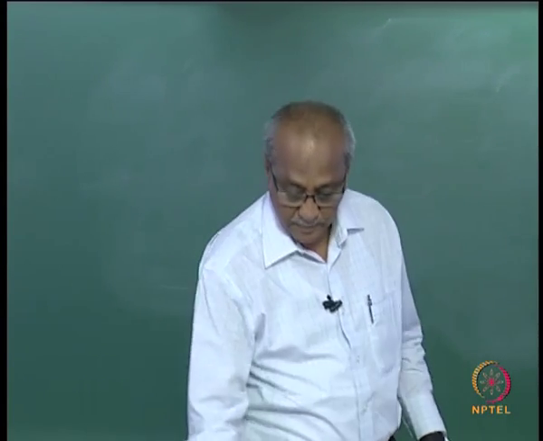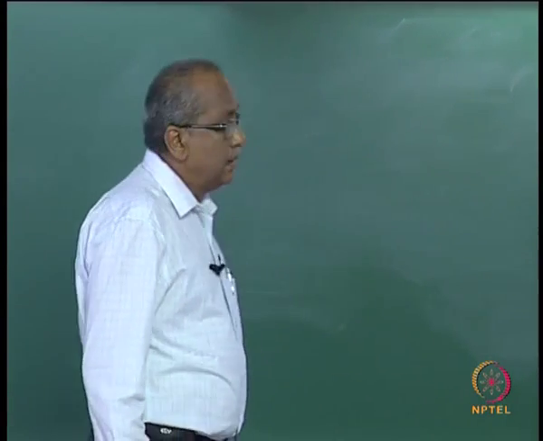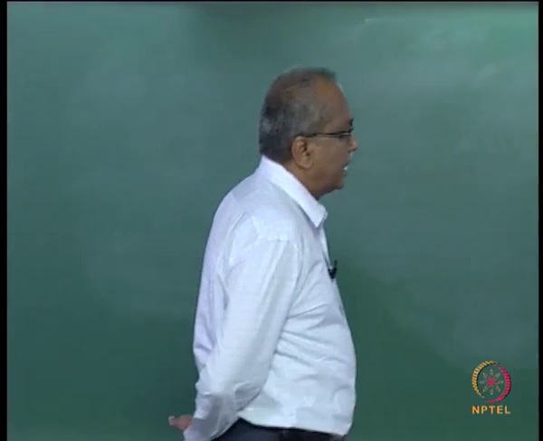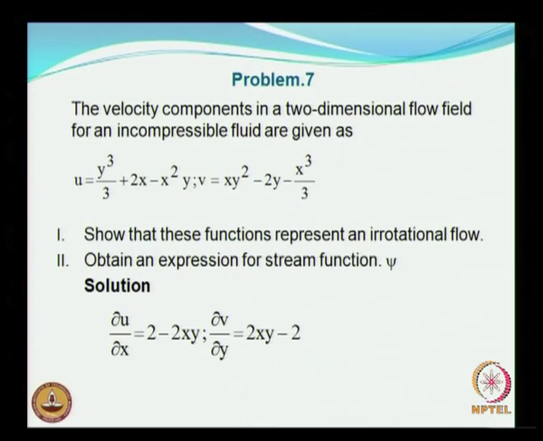Okay. So in the same way here there are two components which are given to you, u and v. Show that these functions represent irrotational flow, and you are supposed to get an expression for stream function.